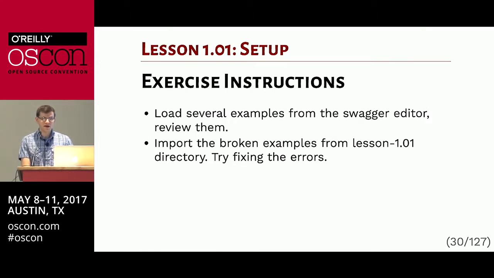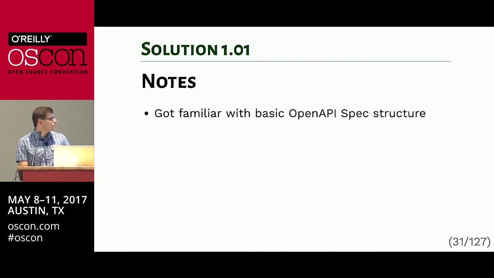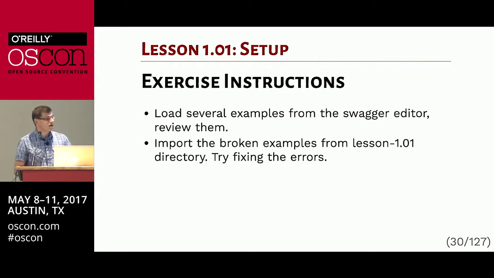I think this will be a good time, if you have any problems setting up your VM or any initial installs, let us know. We'll come by, we'll try to help out and figure it out. So we'll give about 5 to 10 minutes for people to work on this. We'll see how fast people finish that.